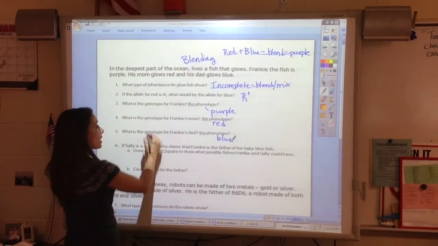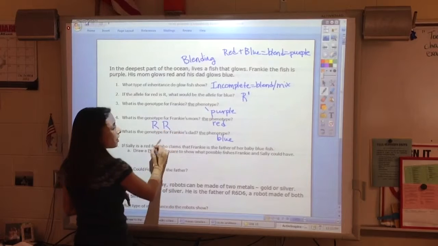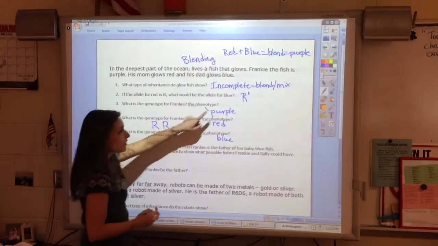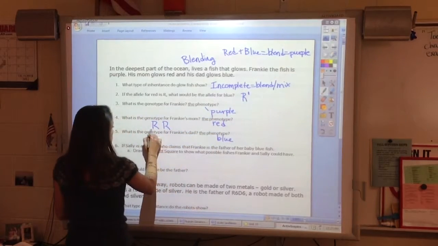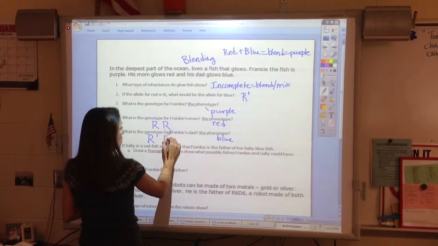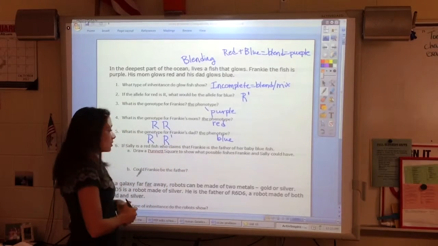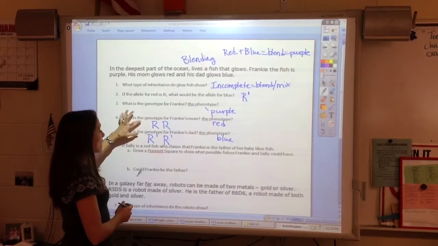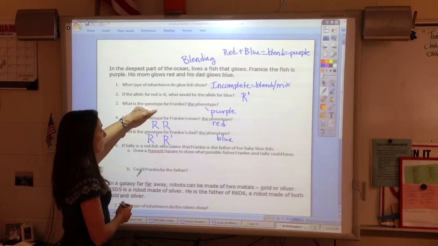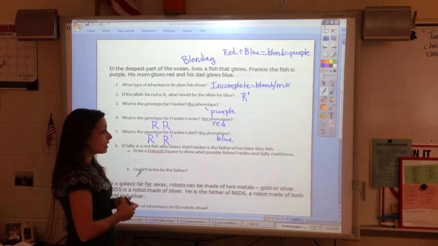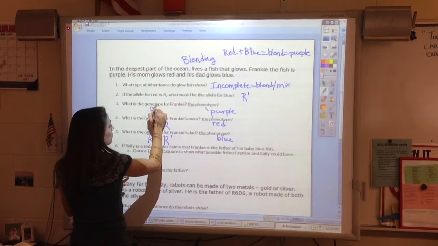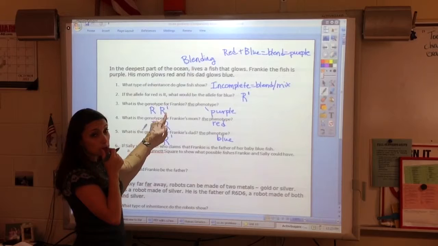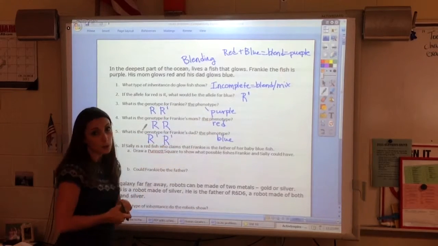The red fish would have to have capital R, capital R. Frankie's dad, the blue fish, would have to have R prime to be blue, and another R prime because he's blue. So now when we look at this Punnett square, we actually can figure out the genotype of Frankie. He had to get one R from mom and an R prime from dad. So he has a red allele and a blue allele, and they mixed to make purple.